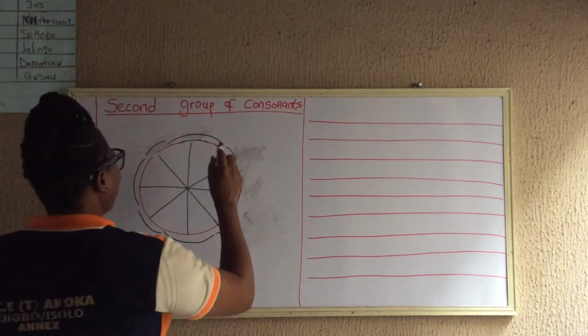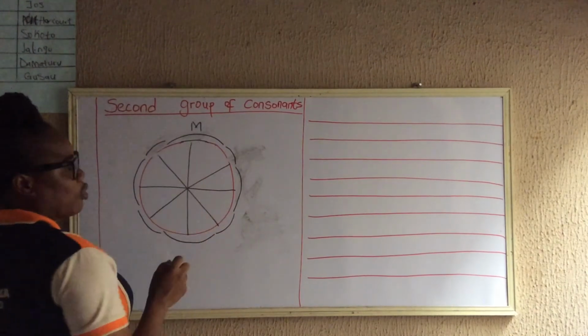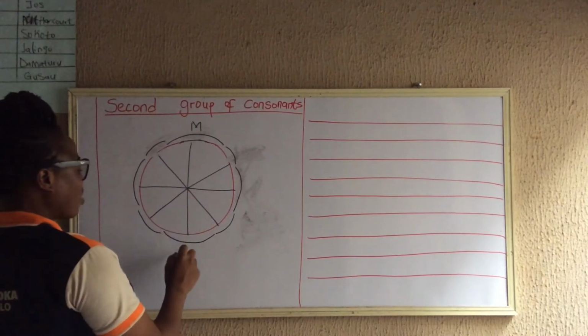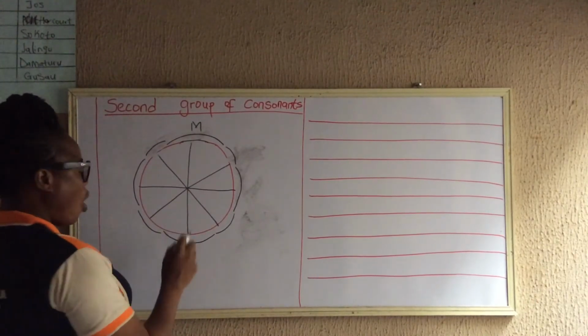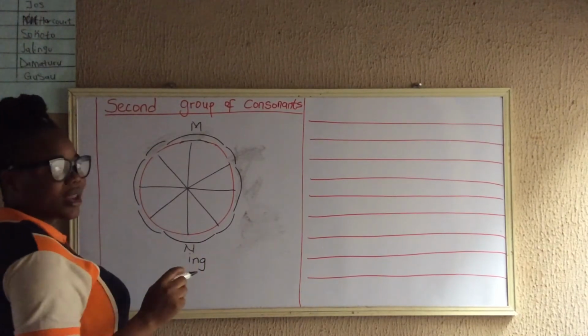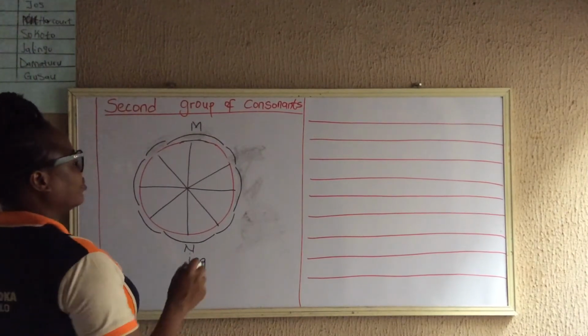Then, this very place here is M. What do I say? M. The cough here is N or ing. N or ing.